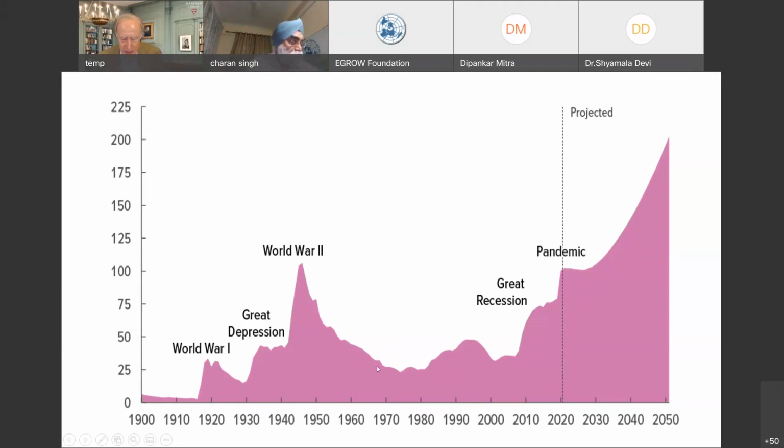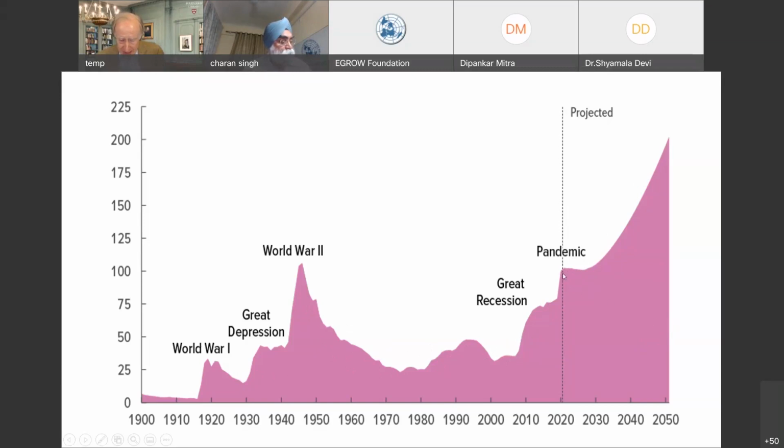Our debt ratio fluctuated between, say, 25 and 50%. Well, it's gone up sharply in recent years. The pandemic recession has raised it back up to 100. And under the pressure of demographic trends, it's going to be going up quite a bit in the next few decades.